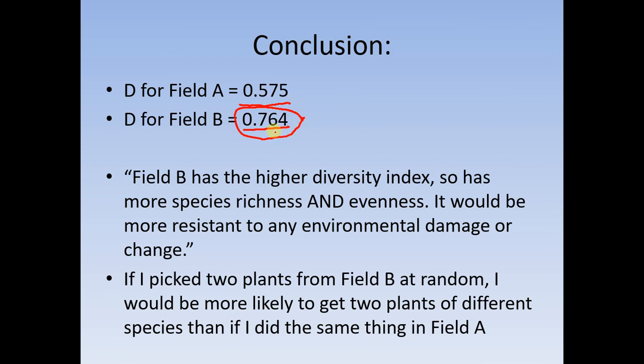If you're going to grab two different plants at random, you're more likely those two plants are going to be of a different species if there's a higher diversity index than a lower one. So the work for today is mainly going to be about understanding and applying Simpson's diversity index. So that should be it.